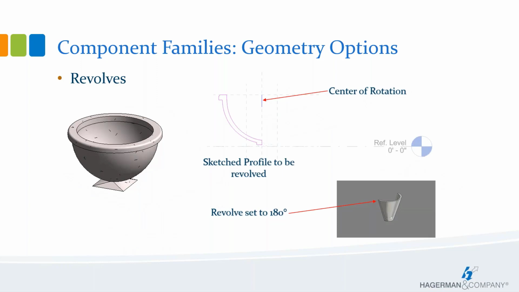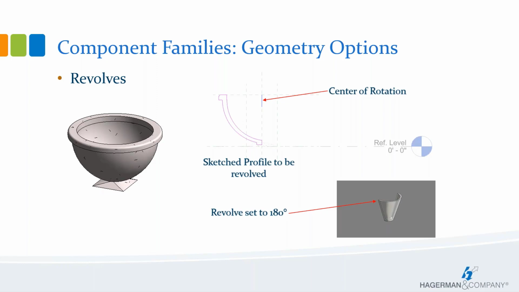Revolves also work from an underlying sketch. In this example, we have a planting urn. And if we look at how this was created, we can see that the profile has been sketched, then revolved around a center line to complete the geometry.